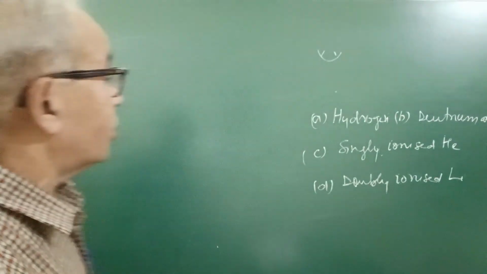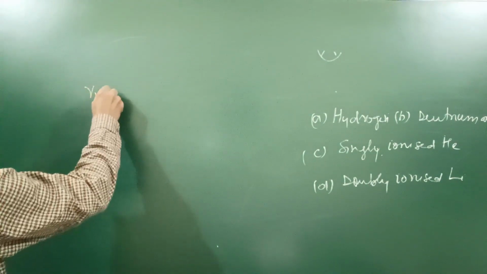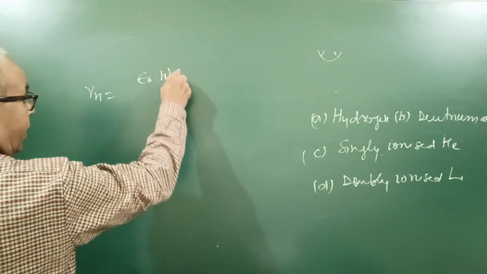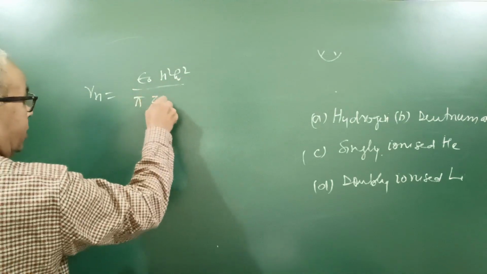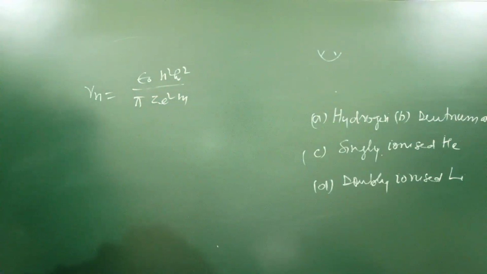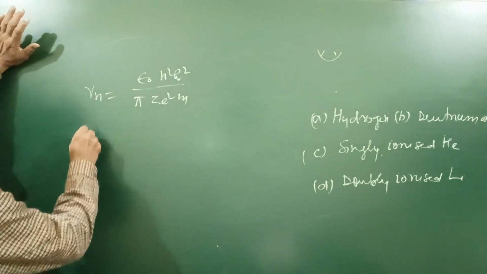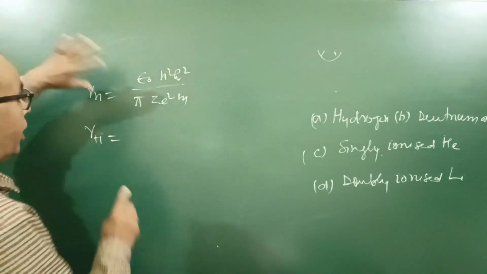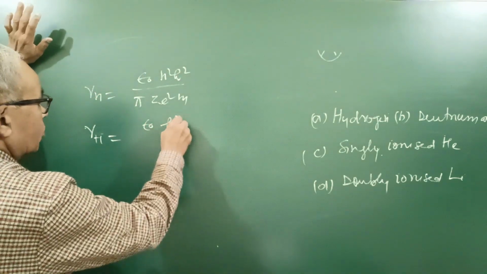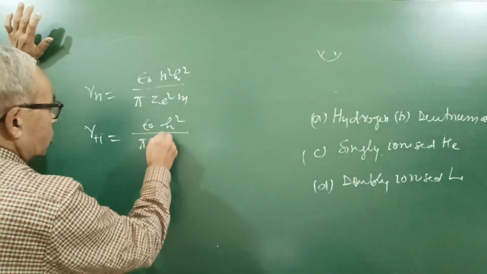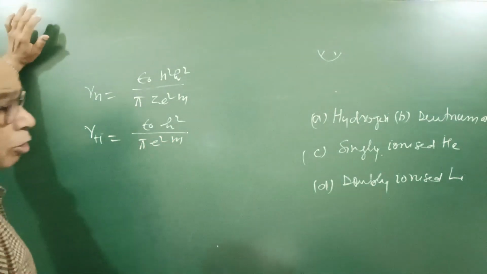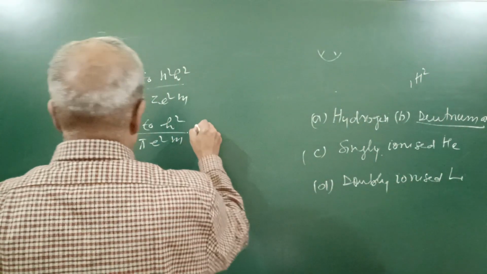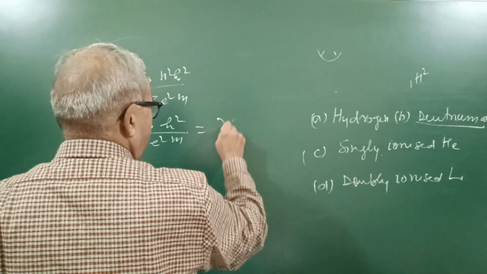यानी कि फर्स्ट ऑर्बिट किसका छोटा होगा? अगेन आई टोल्ड यू Rn is equal to epsilon 0 n square h square upon pi z e square m. For hydrogen, first orbit, n 1, z 1, epsilon 0 h square upon pi e square m. Deuterium also hydrogen atom 1H2, so same होगा.